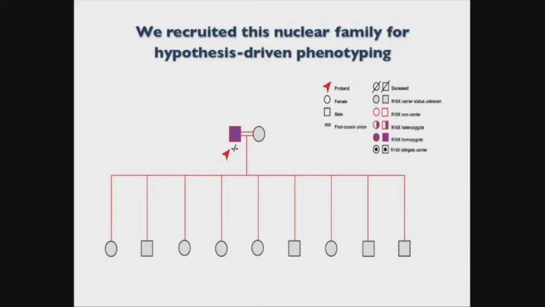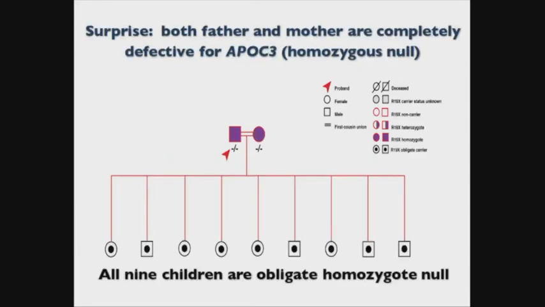This is the proband, the mother, and 9 children, which is very good for human genetics. The proband was homozygous null, and to our surprise, the mother was also homozygous null. So now there are 9 obligate homozygotes in this family; we went from finding 0 knockouts in 200,000 European ancestry individuals to 9 in just this family.